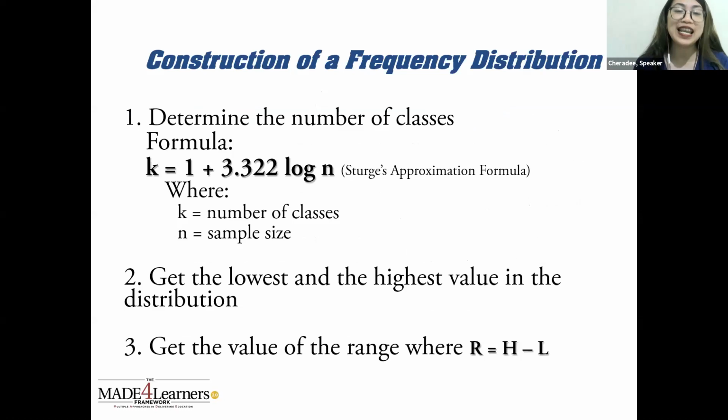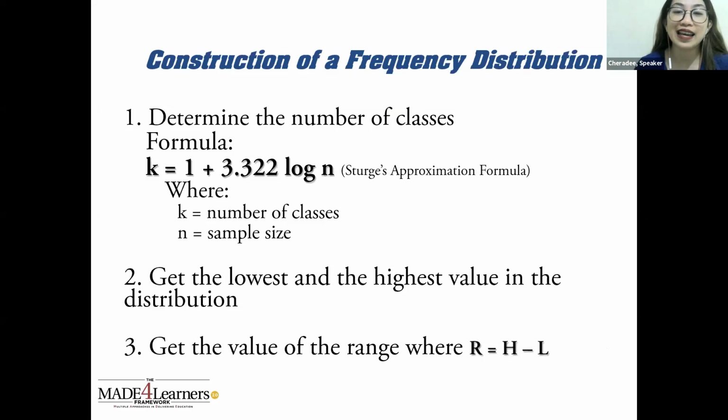Alright. Now, how do we make a frequency table? First, determine the number of classes you need. To compute that, use the Sturges approximation formula. The formula is k equals 1 plus 3.322 log of n, where k is the number of classes and n is your sample size.